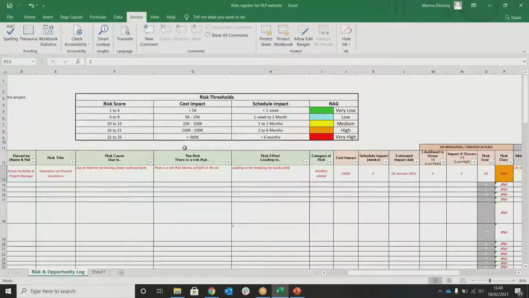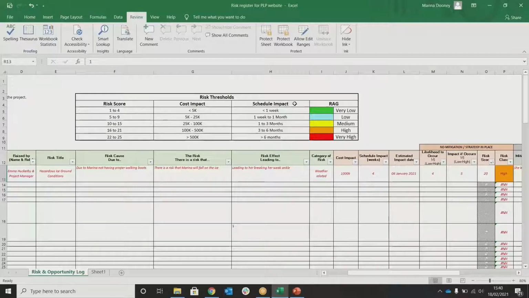You utilize it and change it and adapt it to your own project. So keeping the risk score, I would say, is the best thing to do. But the cost impact and the schedule impact are all edited and changed on your actual project. Okay, great. So that's what I was going to ask.